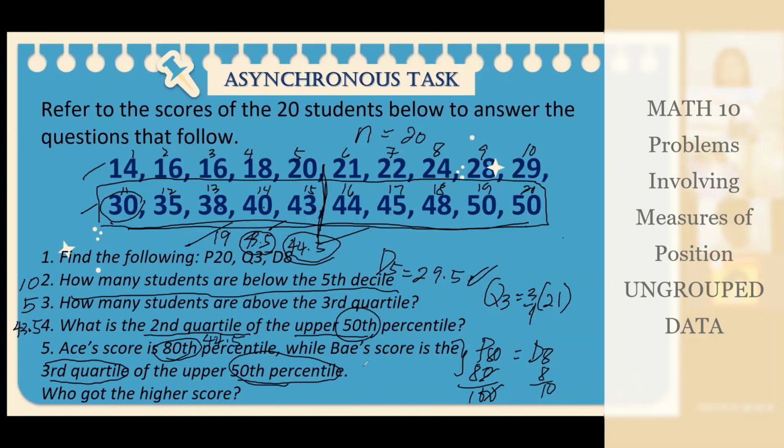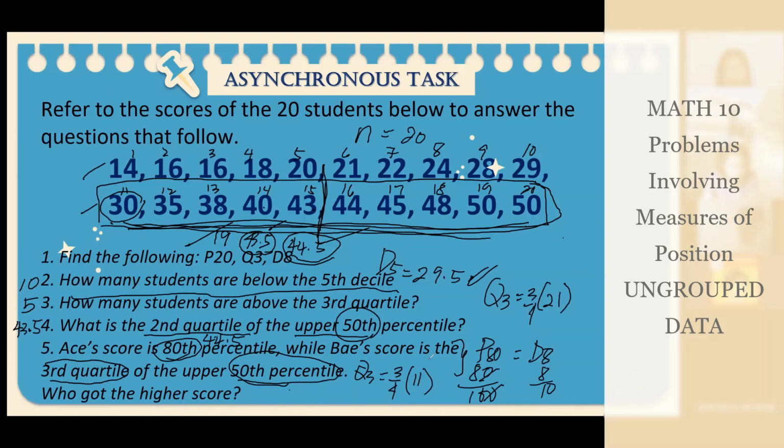While si Bay is the third quartile of the upper 50th percentile. So, ang tingnan lang natin tong upper, yung upper 10, pang third quartile. So, we have to get the Q3 of this. So, what is Q3 of the upper? So, it's 3/4, right? 3/4 of 11. Kasi yung upper, there are 10 plus 1, kaya 3/4 of 11, that's 33 divided by 4.